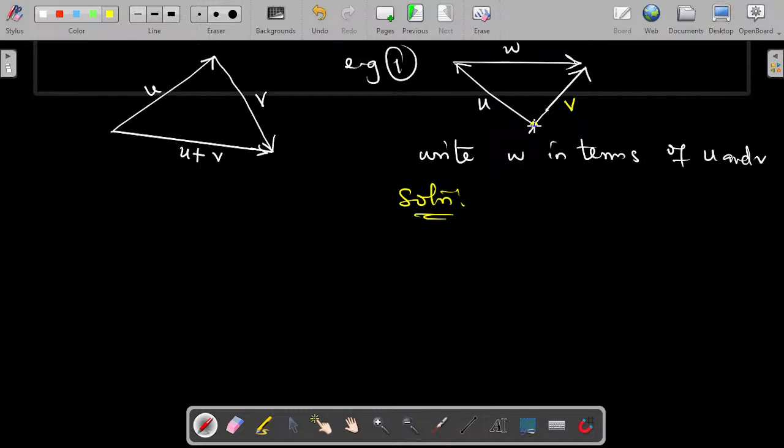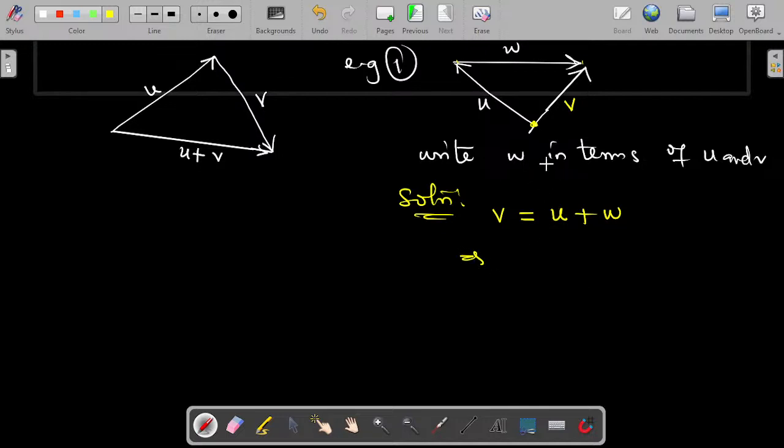You will see that u started from here and ended here, and then w continued and ended, and your v started from where you started and ended where w ended. So the meaning is that your v is the sum of u and w. So if that is true, you are done.